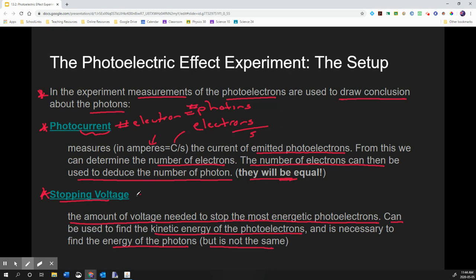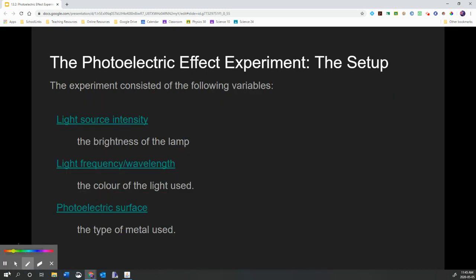And number two, the stopping voltage, which will lead us to the kinetic energy of the electrons, though not exactly equal to it. And that will lead us to draw some conclusions about the energy of the photons. But again, these things aren't necessarily equal at this point. So let's get back to our experiment.